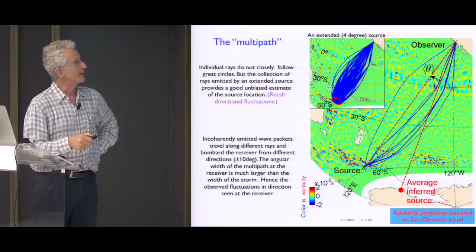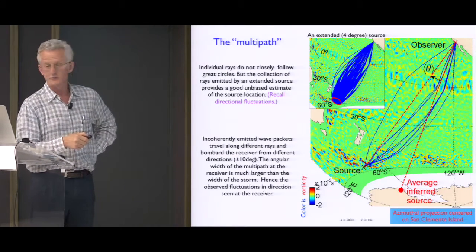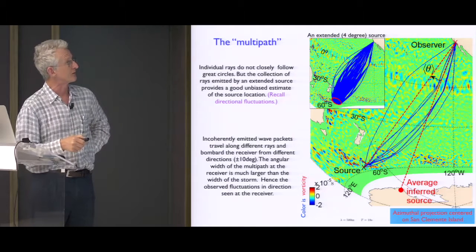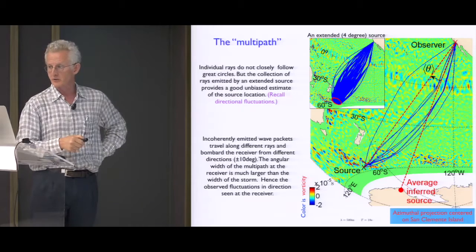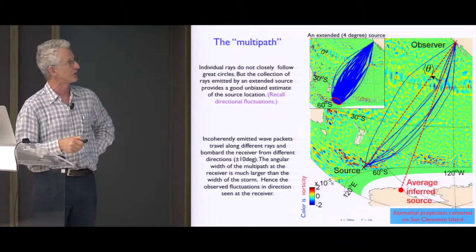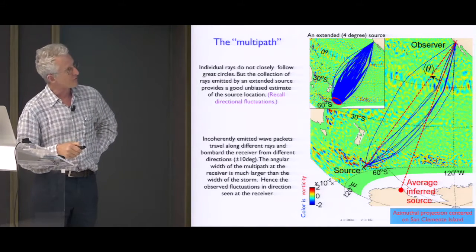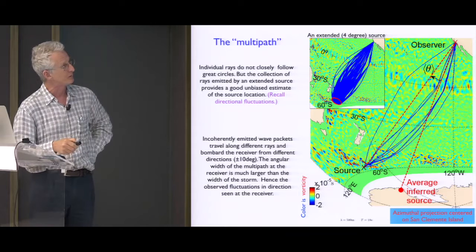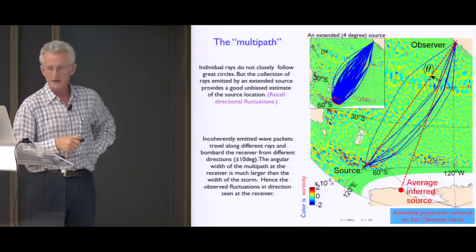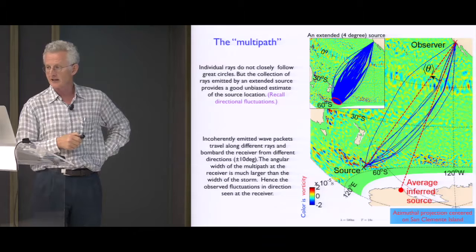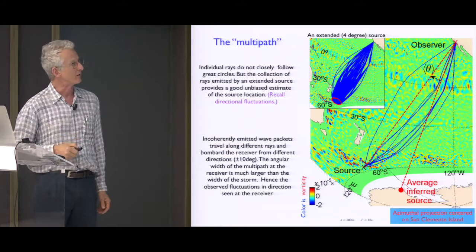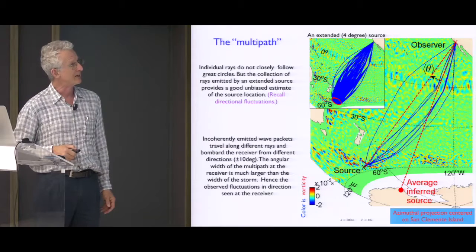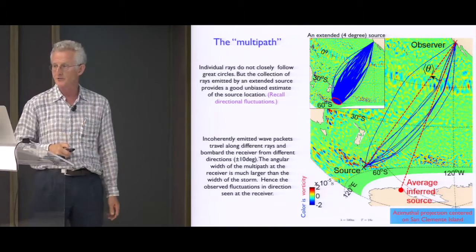So the idea here is individual rays do not closely follow great circles, but the collection of rays emitted by an extended source does provide a good, unbiased estimate of the source location. And that's kind of what we see in the data, because we do see plus or minus 10-degree fluctuations changing on a time scale of minutes arriving at the receiver. And our inference of the source is always obtained by averaging over those arrivals.